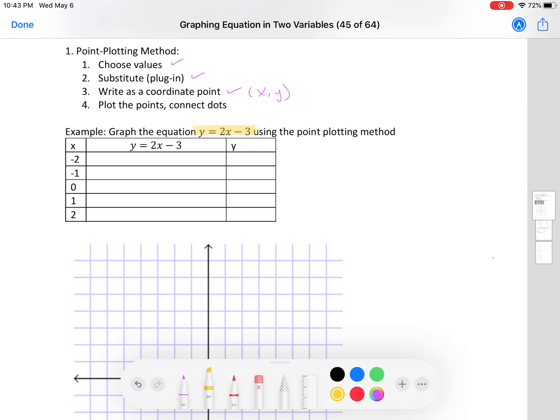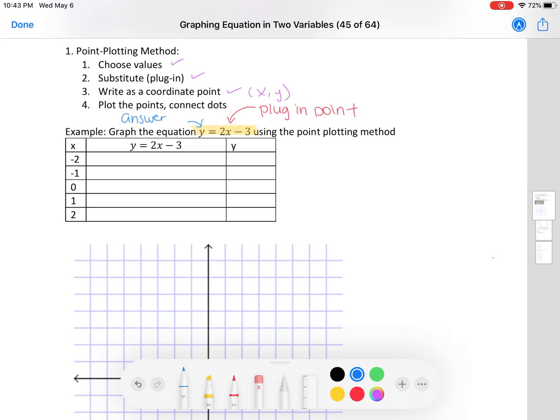Alright, to do so, you have to pick some points, and we're going to plug in points into our x. Because notice that our answer is always equal to y. So if we plug in a value for x, a number, our answer is going to be our y point.